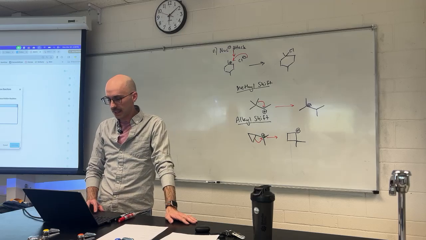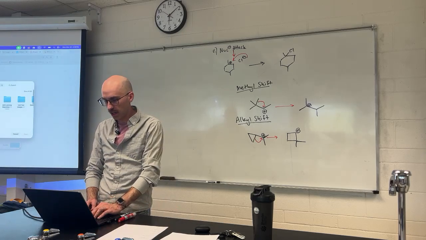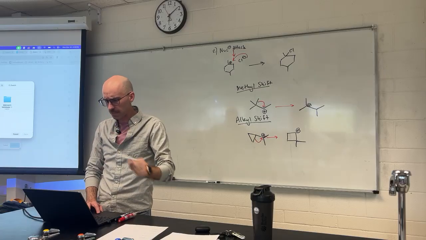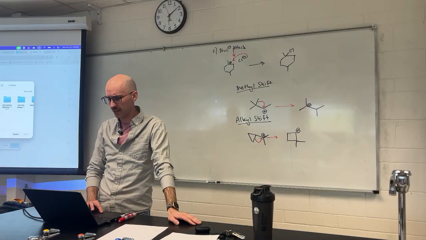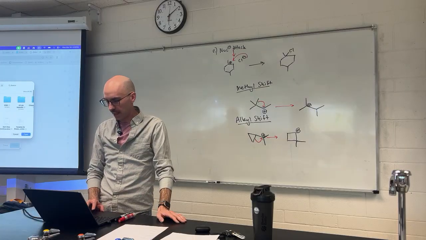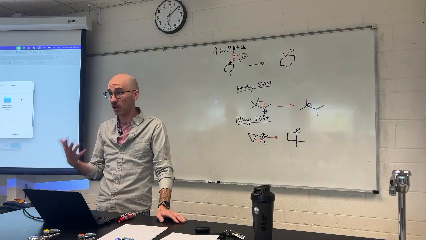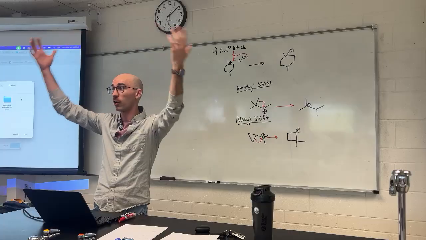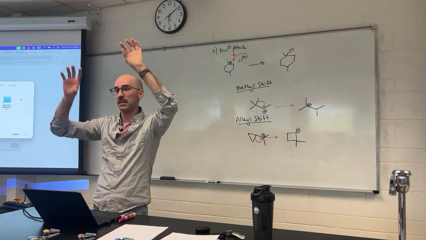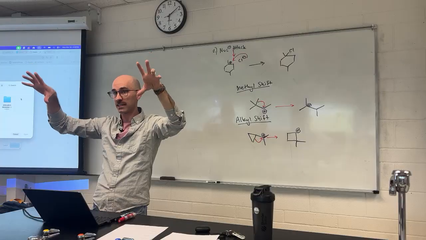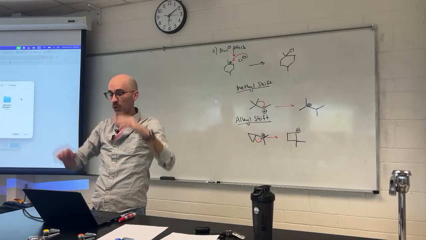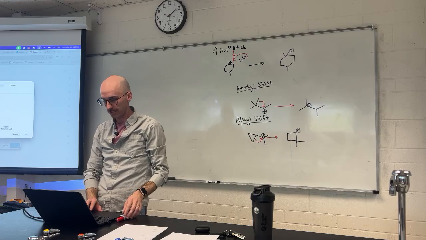The main reason that I did that is because I found my students last semester cramming a bunch of notes into the corners and making it really hard for them to actually go back and interpret anything about all of those reactions. So now I'm spreading them out, thinning them out. So you have more space to take notes next to them if you want to. But also, each one will draw your attention a little bit better.